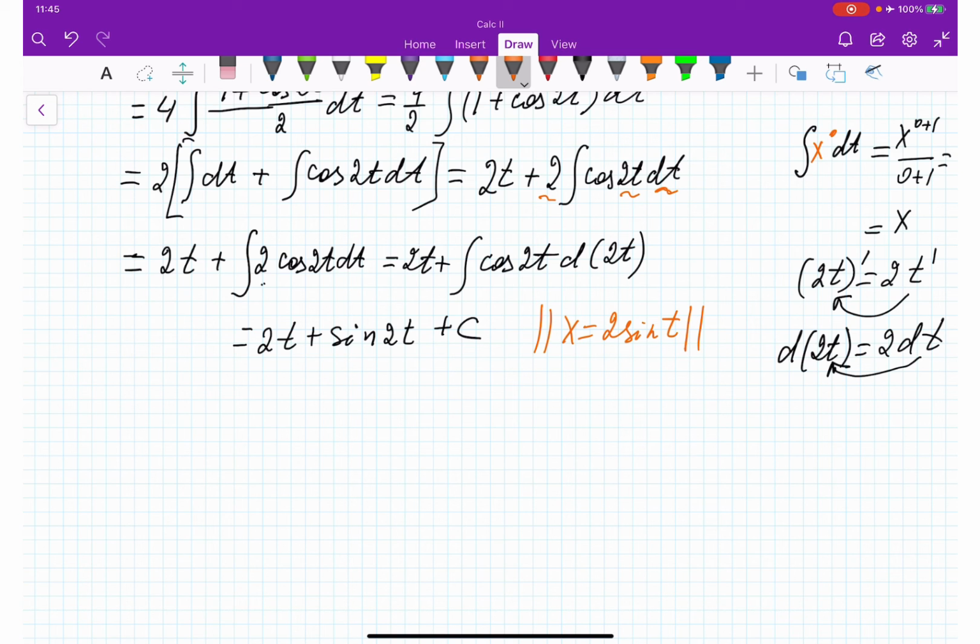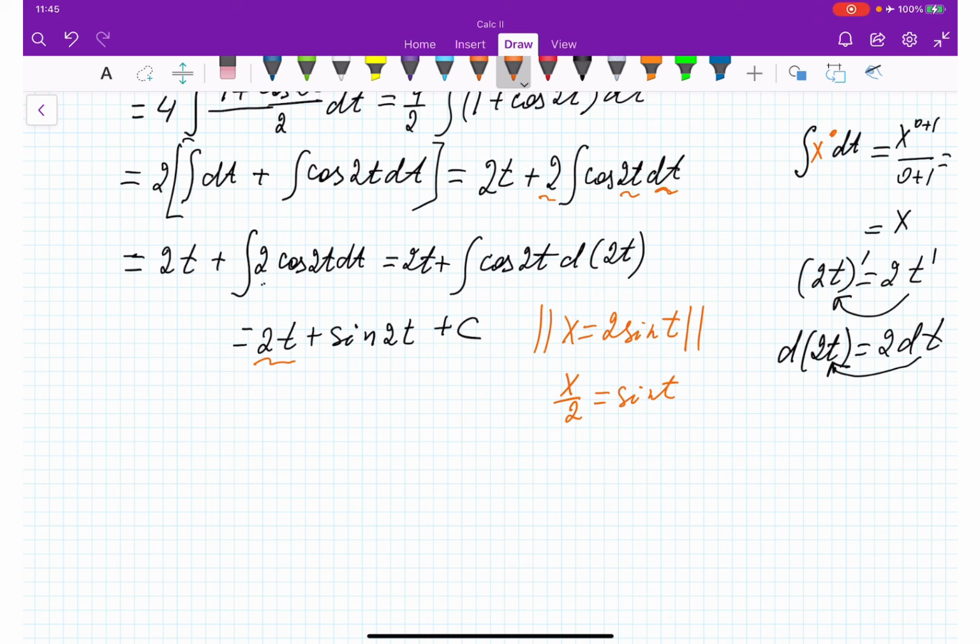We have x is equal to 2 sine t, and here we need only t. So how are we going to work with this? We need to replace t. So sine t from here is equal to x over 2.